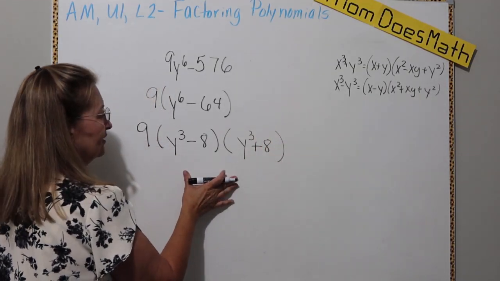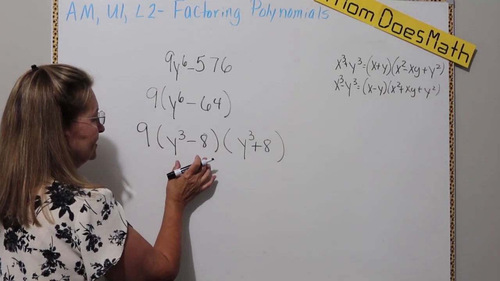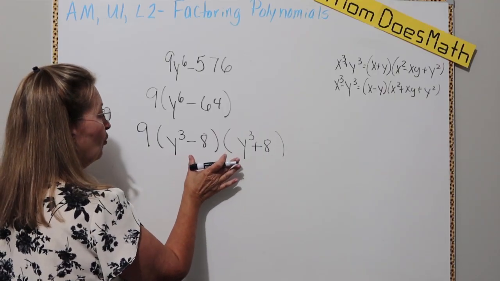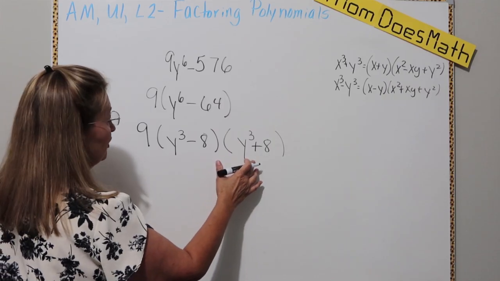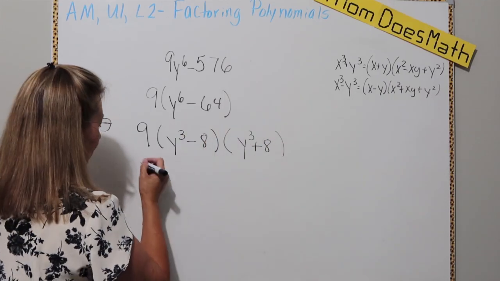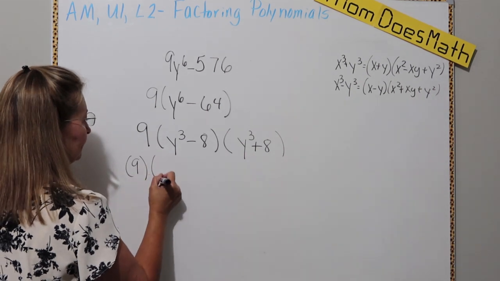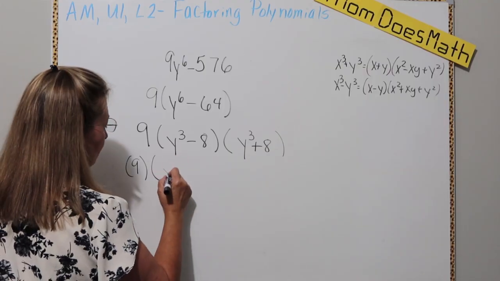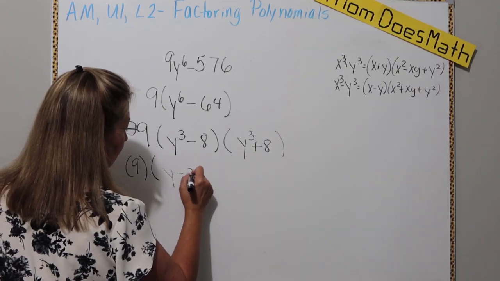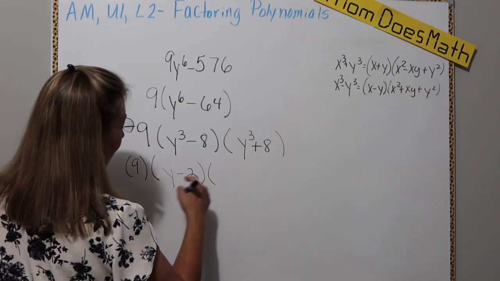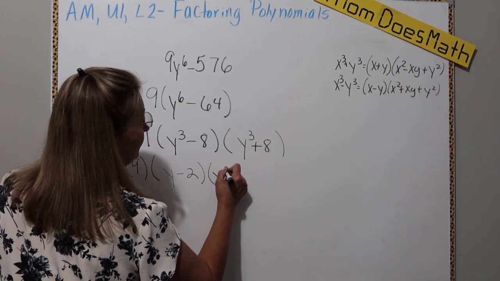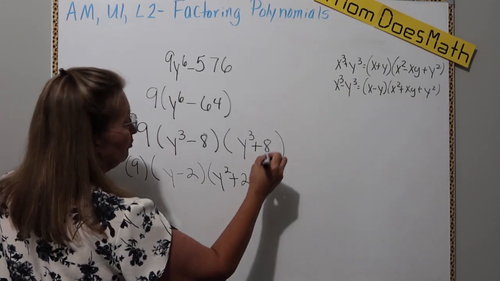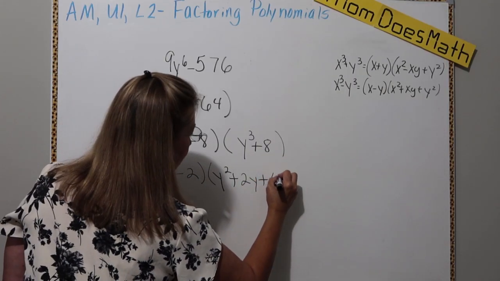Alright, so I just applied the difference of 2 squares. y cubed minus 8, y cubed plus 8. Now in my factors, I have one difference of cubes and one sum of cubes. So I'm going to be using these formulas. Now I don't want to forget my 9. Alright, first I'm using the difference. So I want the cube root minus the cube root. And then I want this squared plus these two multiplied by each other plus this squared.